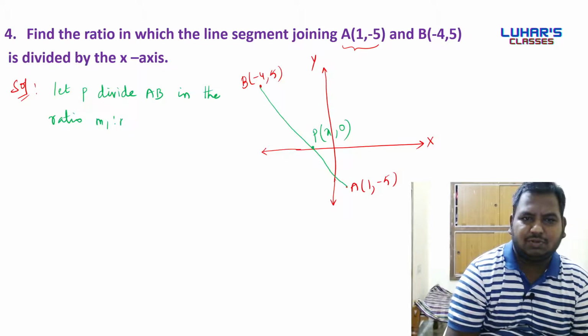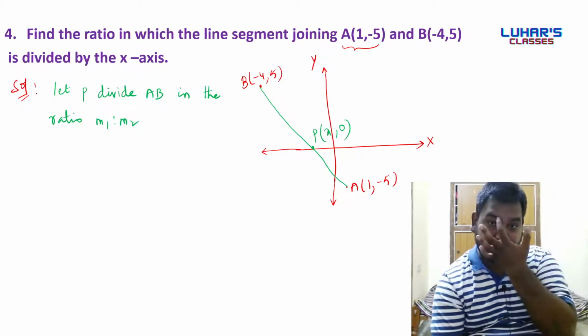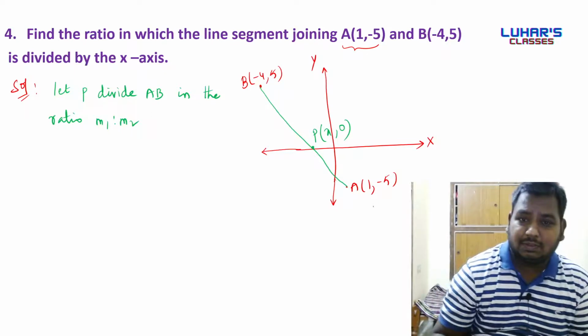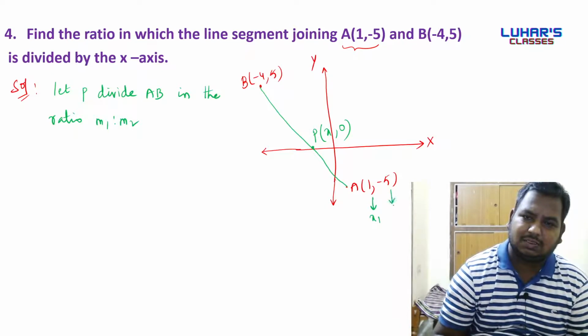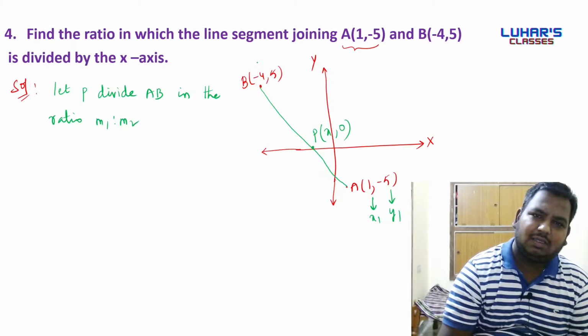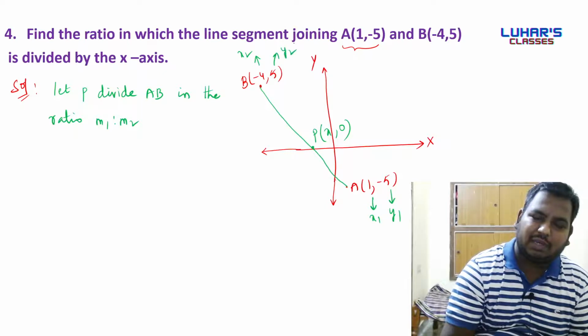So this is x1, this is y1, minus 4 is x2, 5 is y2.